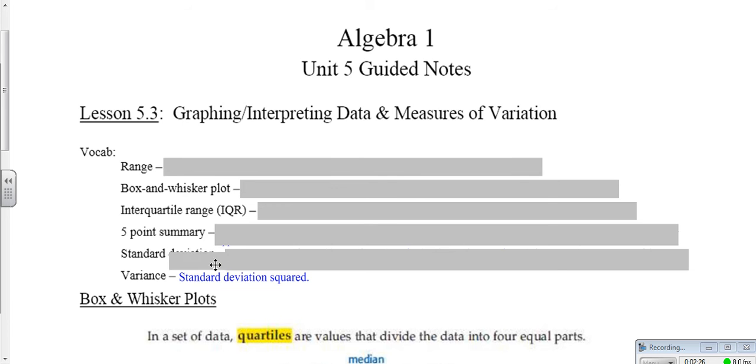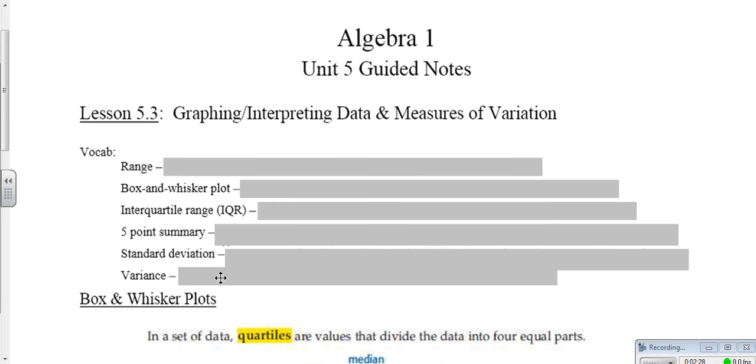The reason they have both standard deviation and variance is that the unit of variance is squared, and it doesn't make much sense. So if you say the variance is 2 units, it's in 2 units squared.